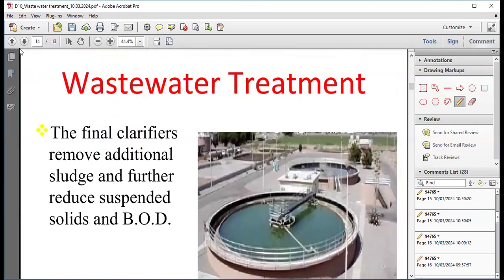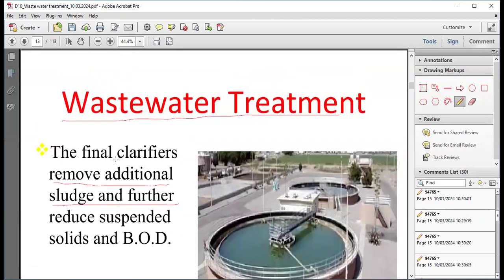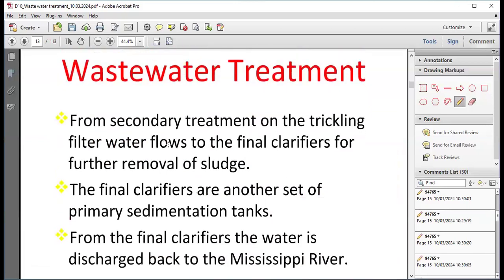The wastewater treatment. This is the treatment plant. The final clarifiers remove the additional sludge and further reduce the suspended solids and BOD.